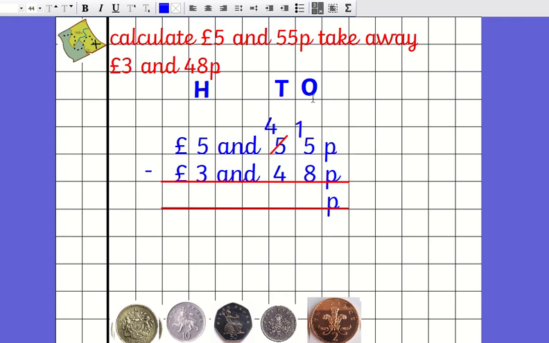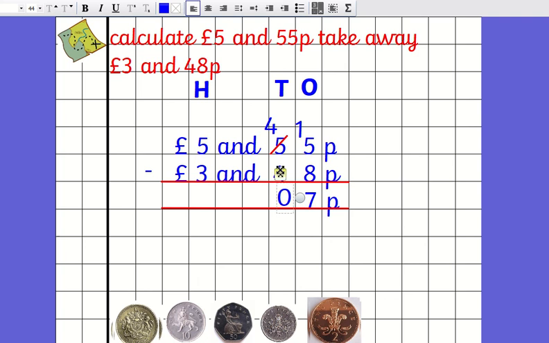Then I go back to my ones column, 15 take away 8, which I can do. So 15 take away 8 is what? What do you think it is? It's 7. Well done if you were shouting at your screens at me then, because I know that's what some of you do. Then, because I've crossed the 5 out, it becomes 4 take away 4, which we can do.